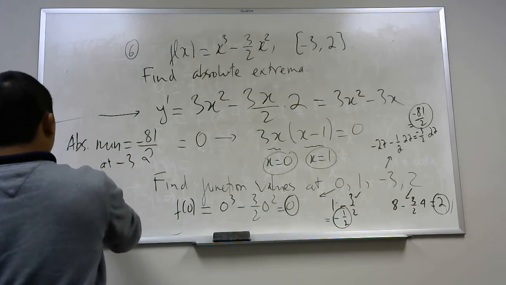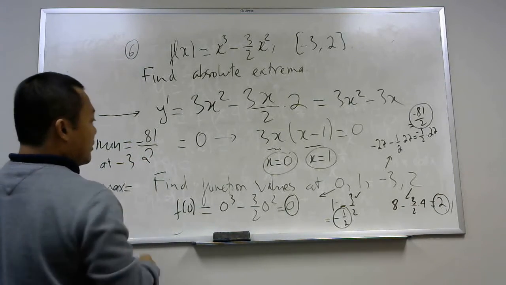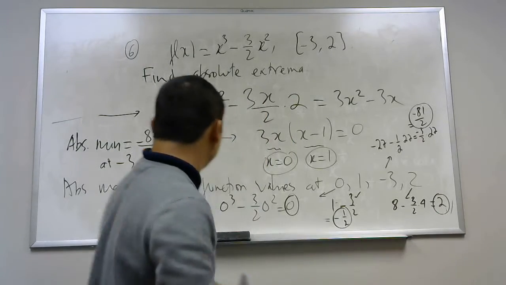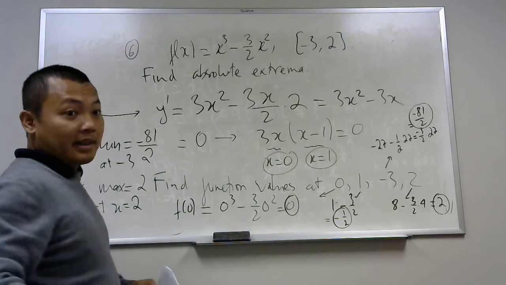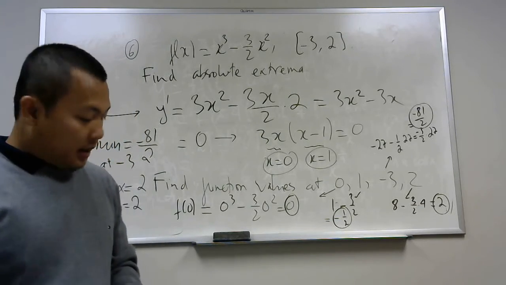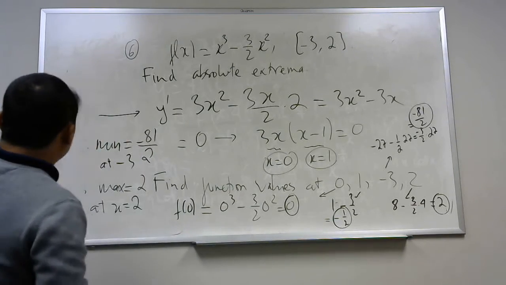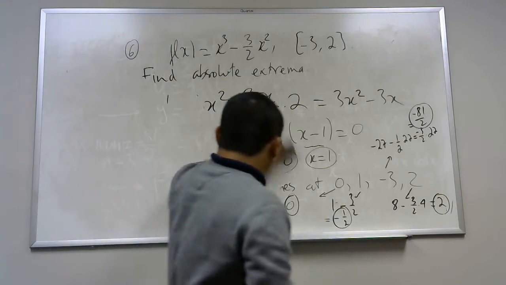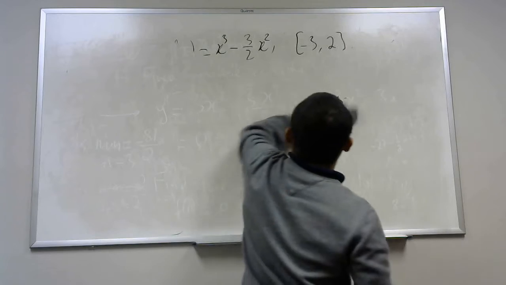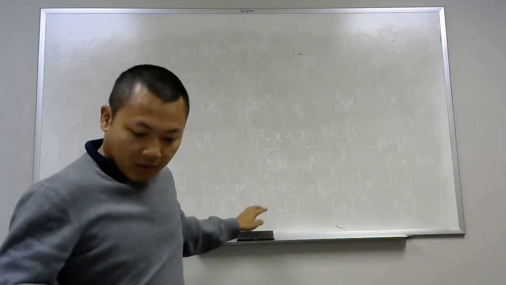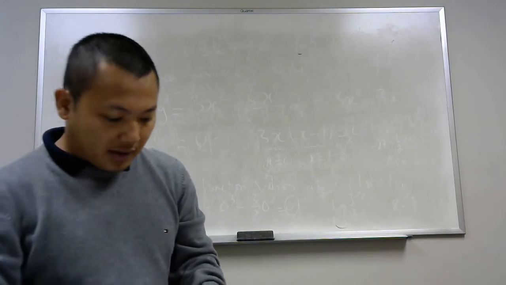And the absolute maximum is equal to 2 at x equal to 2. That's it. Alright, that is question 6.